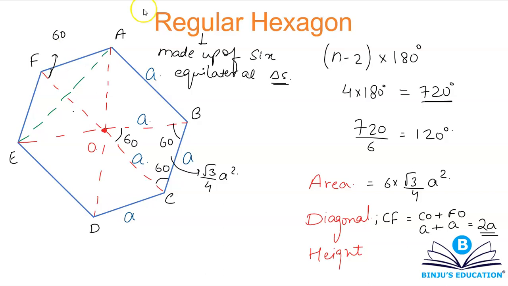Now for AE, the vertex angle is this 60 degrees. So AE is going to bisect the 60 into two parts. So this will become 30 and this will also become 30. So this will automatically become 90.